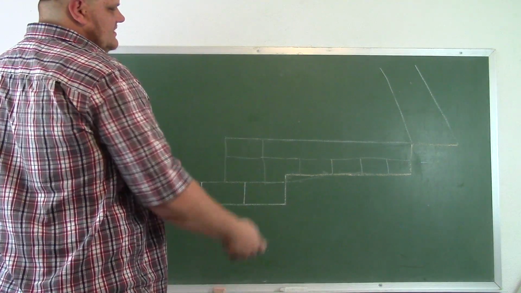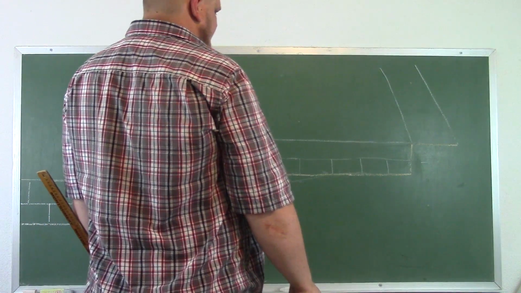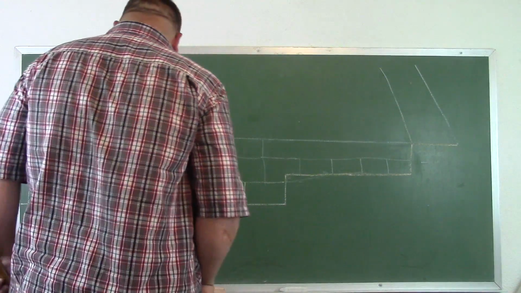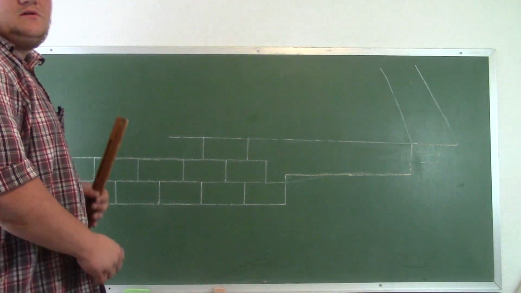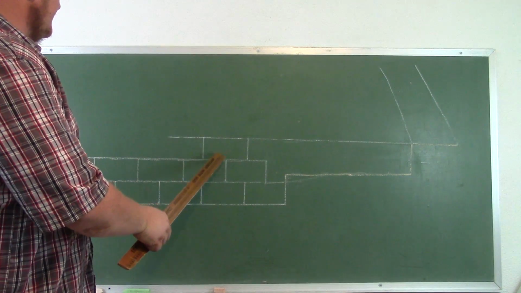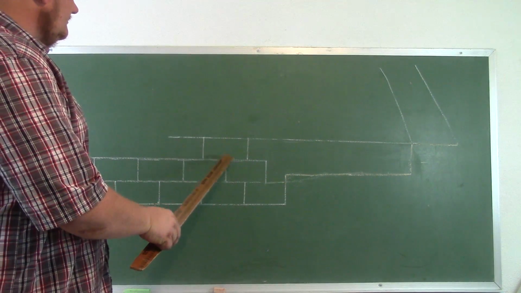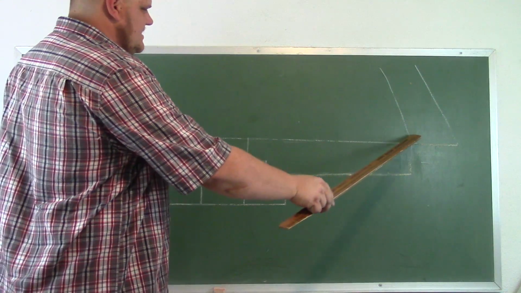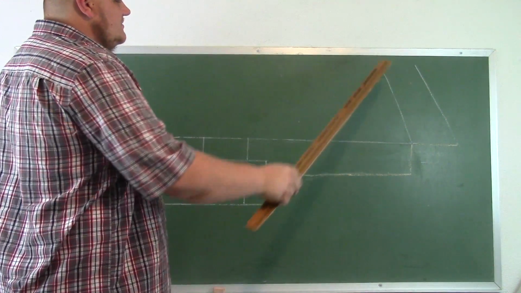I know I'm getting not to scale now, but actually, let's stay in scale, because that's going to make it easier to determine if it'll work or not. Okay, so now I've built this up to 3 courses high down here to scale, and this line right here is level to this top edge of the footer that goes the length.